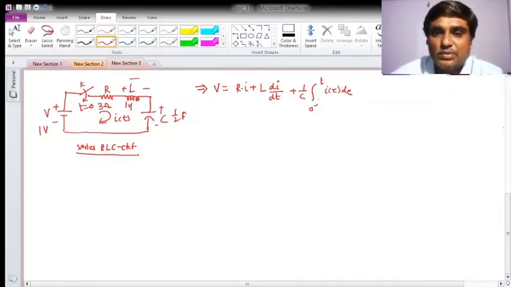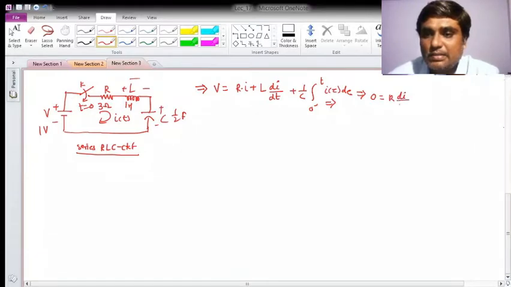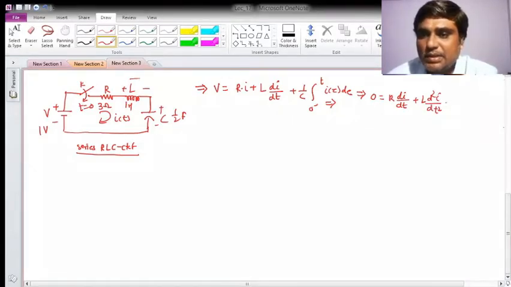Now this is my integral term, so I will try to remove it by differentiating the equation. Once differentiated, it will be 0 equals R di by dt plus L d2i by dt square plus 1 over C times i of t. This is now my resultant equation.